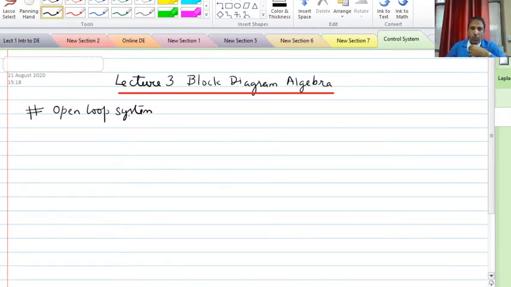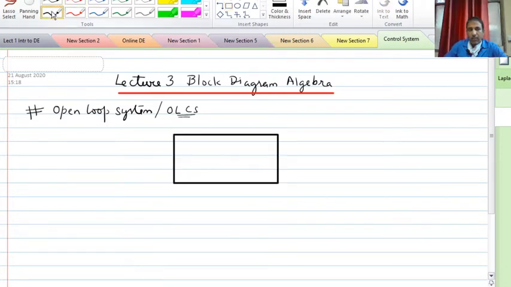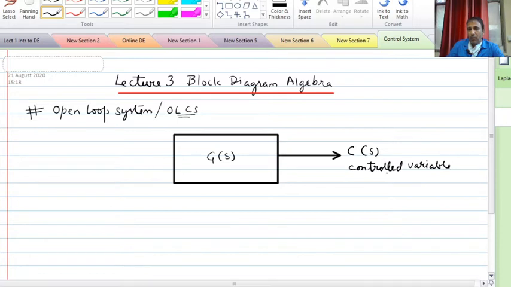Starting with the open loop control system, in which a control system is represented by a block with its transfer function G(s) and output C(s), where C(s) is the controlled variable, or the output variable.